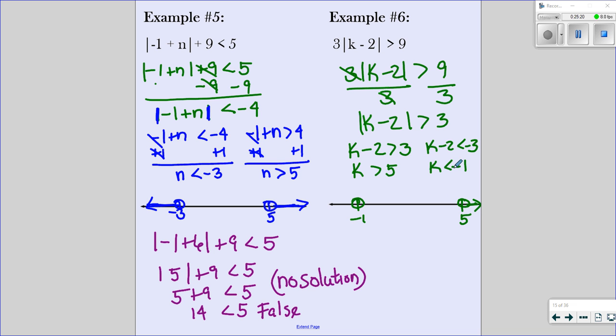And for this one, it's less than, so it's going in that direction. So then our answer will be k greater than 5, or k less than negative 1.